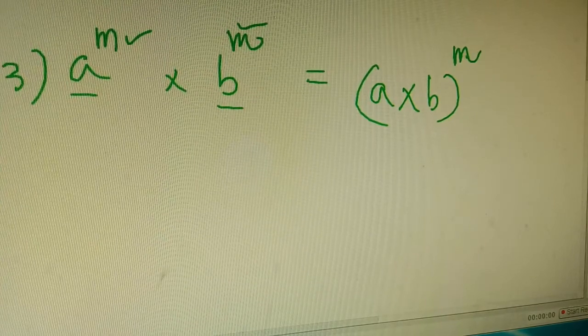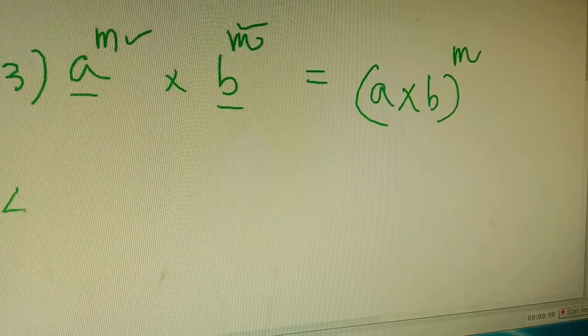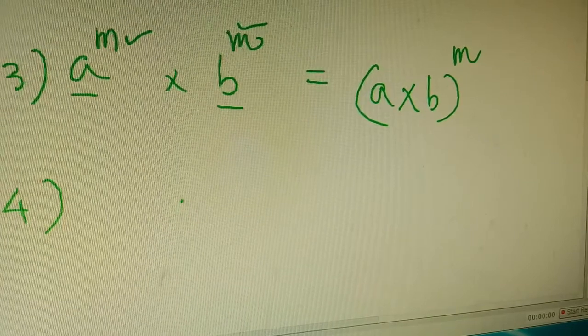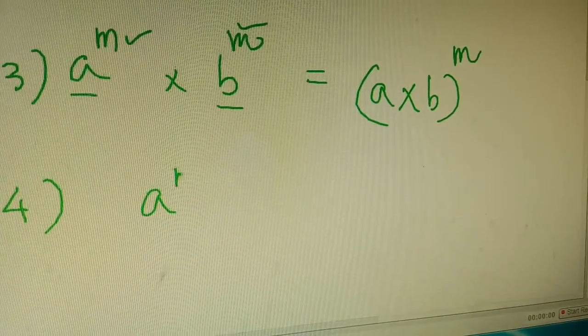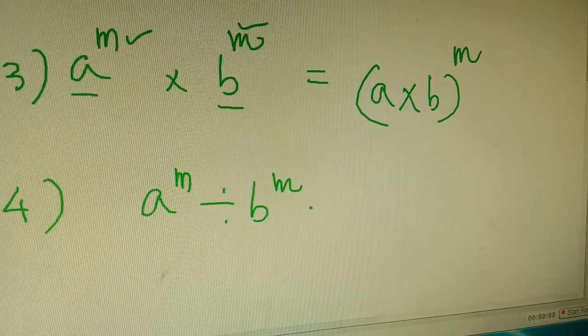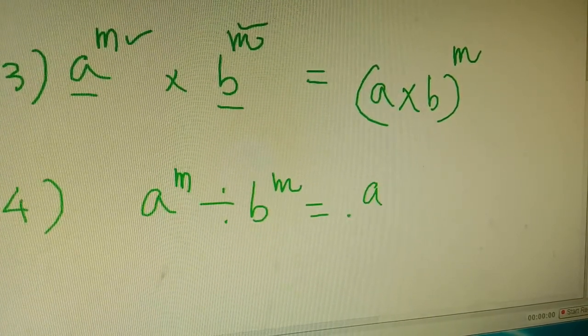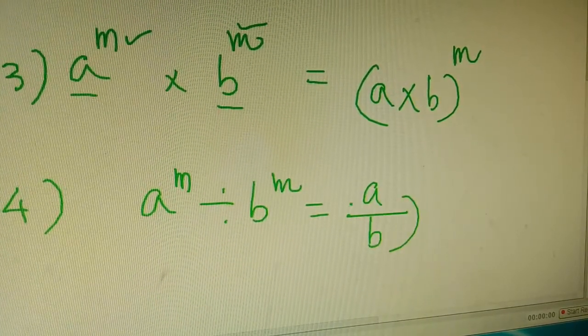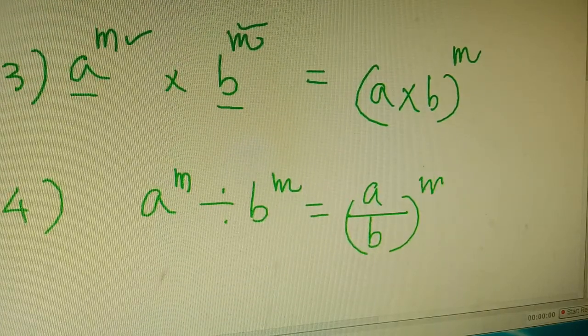a to the power of m into b to the power of m is equal to a into b to the power of m. In the same way, we can see the fourth law, that is a to the power of m divided by b to the power of m is equal to a divided by b to the power of m.